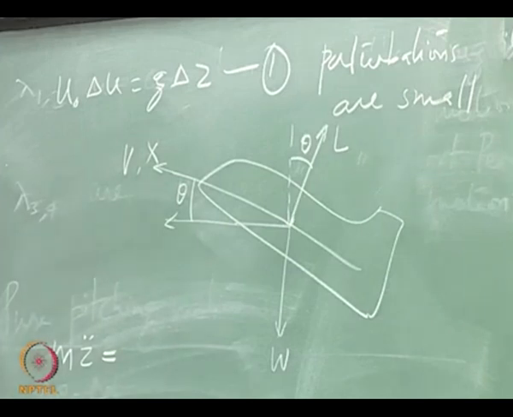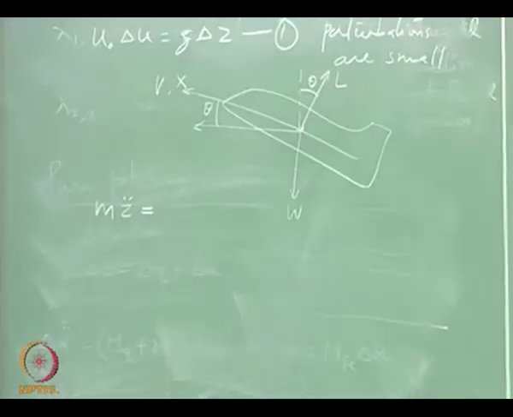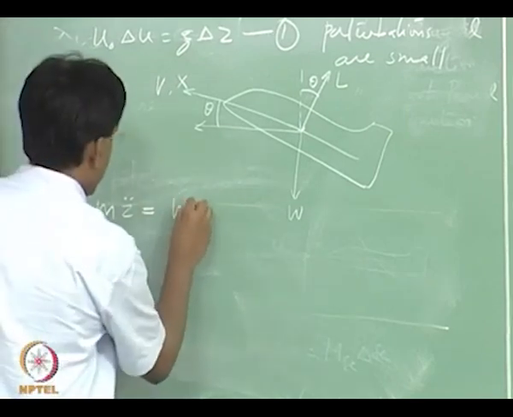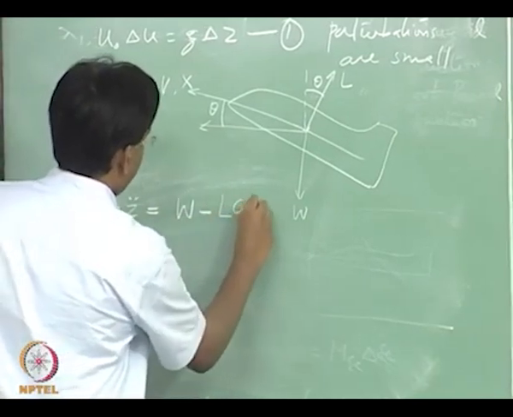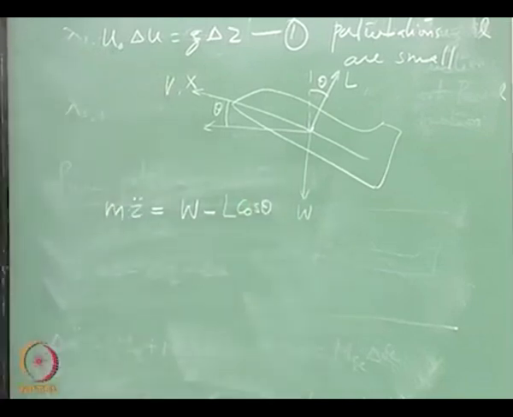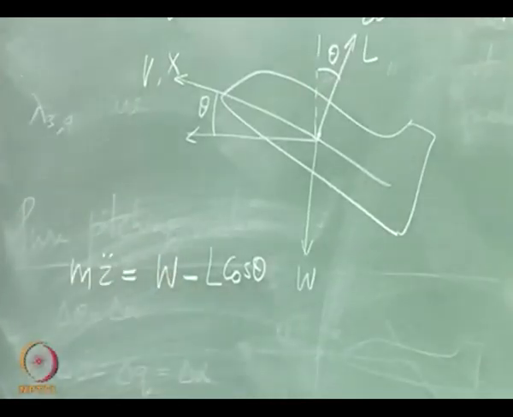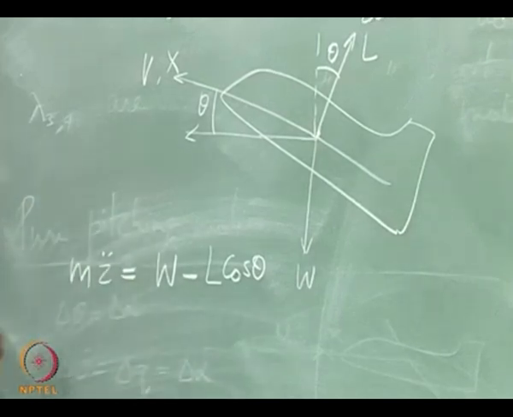So, I am writing down the equation of motion for this case in the normal direction. So, this acceleration is because of imbalance of force in the vertical direction. Let us also try to linearize this.